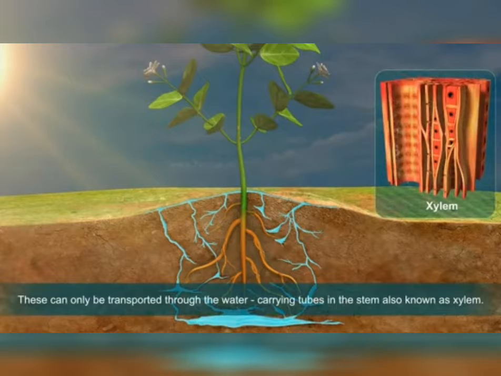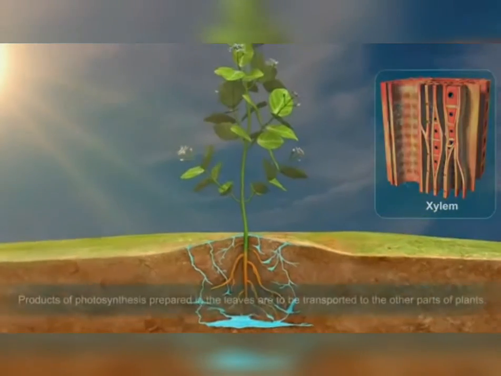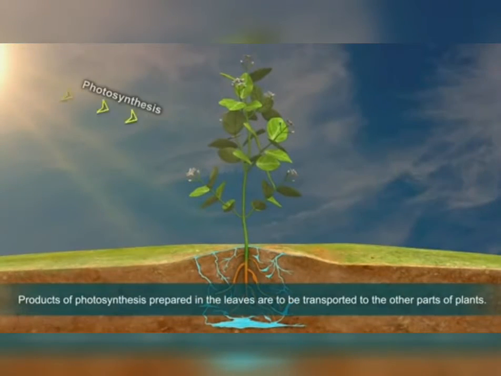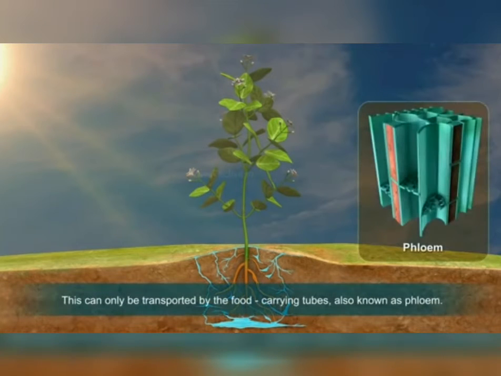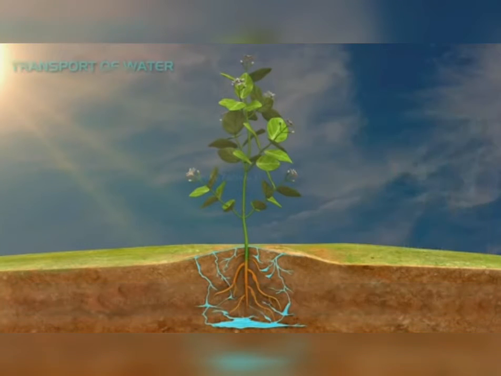These can only be transported through the water-carrying tubes in the stem, also known as xylem. Products of photosynthesis prepared in the leaves are to be transported to the other parts of plants. This can only be done by the food-carrying tubes, also known as phloem.